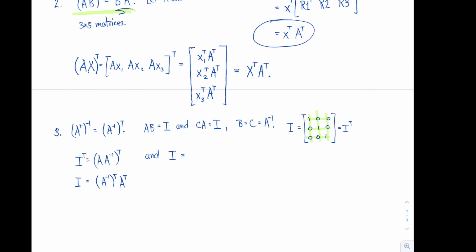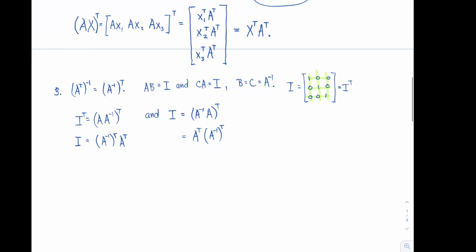Let's try this again. If I take I and I transpose it, I get I. But what happens if I take A inverse times A and I transpose that? If I switch the order, this is going to be A transposed times A inverse transposed.